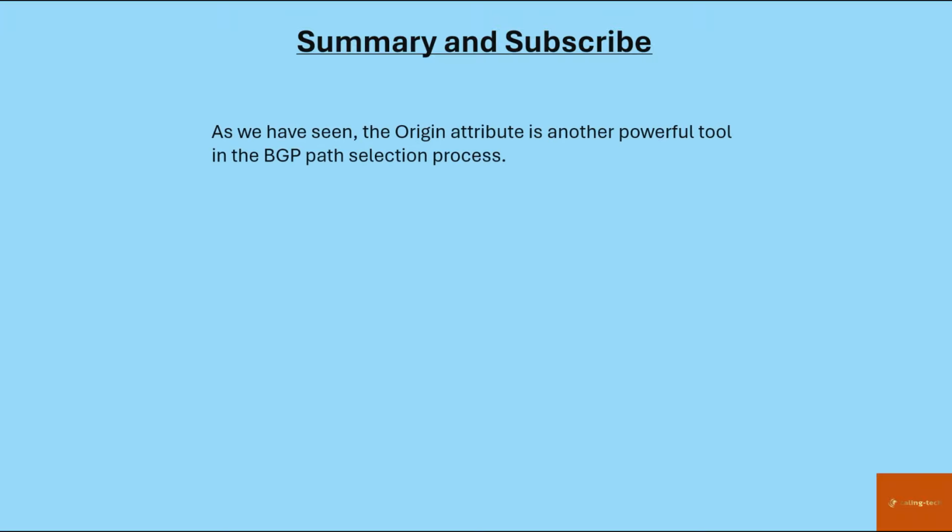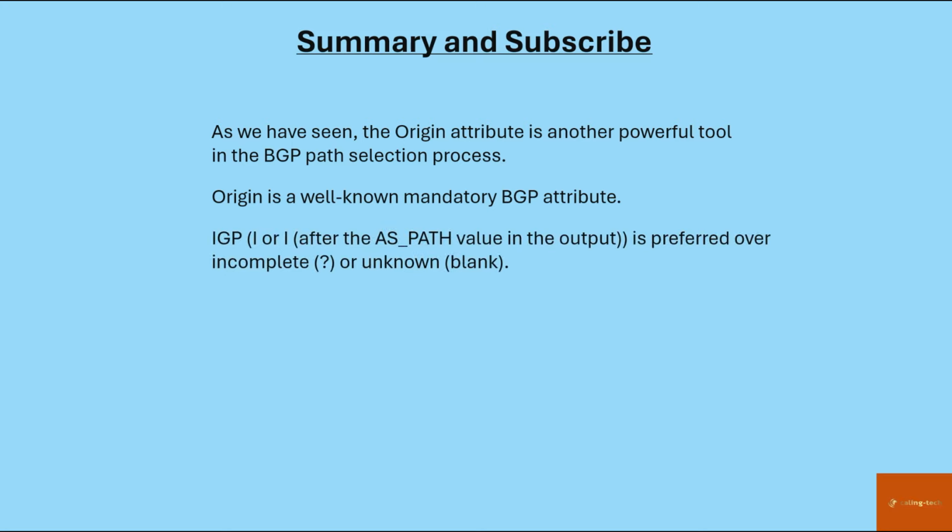So let's do a quick summary of the origin attribute. As we've seen, the origin attribute is another powerful tool in the BGP path selection process. The origin attribute is a well-known mandatory BGP attribute.